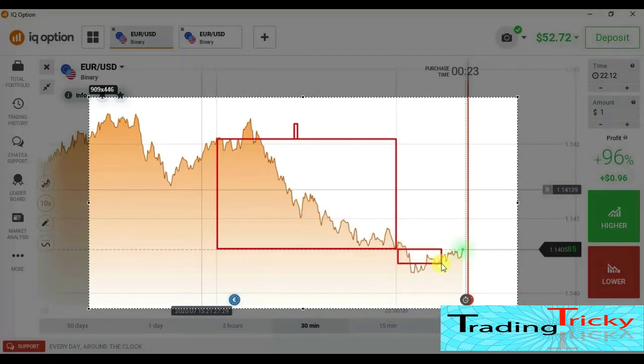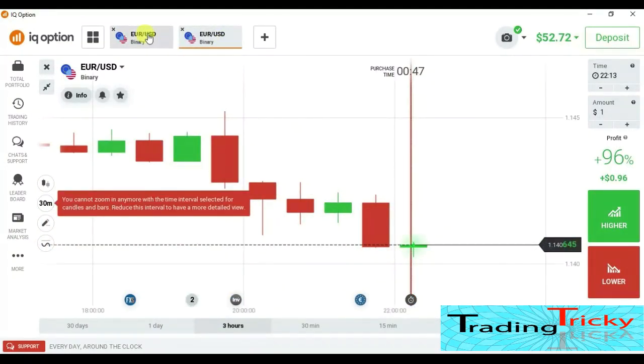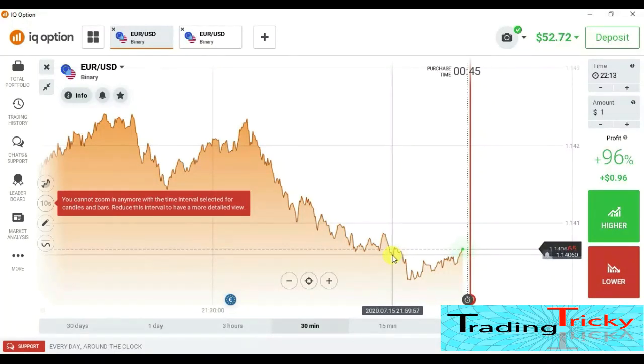It's forming something like this. It went down first, maybe for 10 minutes or something like this, and now it's like a doji type candle with rejection. So now let's see what happened here. Yeah, now it's gone up already from here to here.